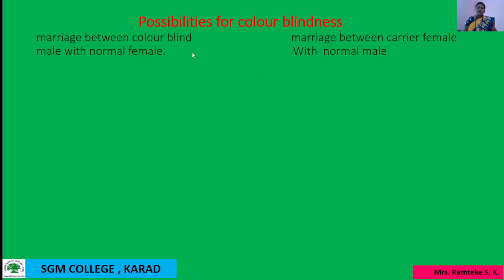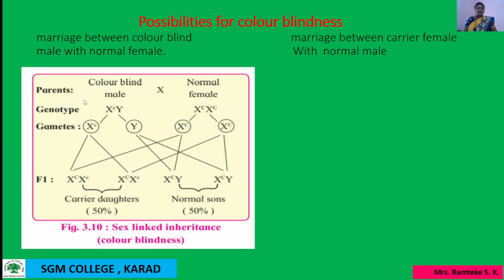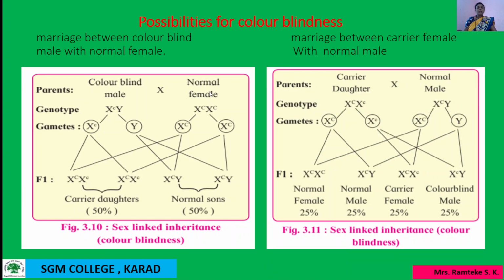So again see here, possibilities of color blindness: marriage between colorblind male and normal female, and marriage between carrier female with normal male, okay. See here, colorblind male and another one is normal female. So the parents are colorblind male and normal female, okay. So the genotype XcY and the normal female XCXC.